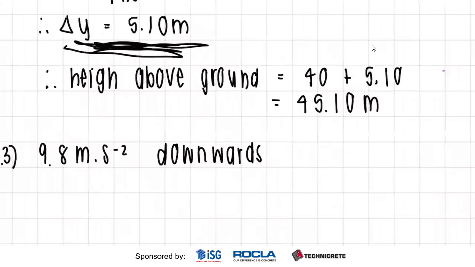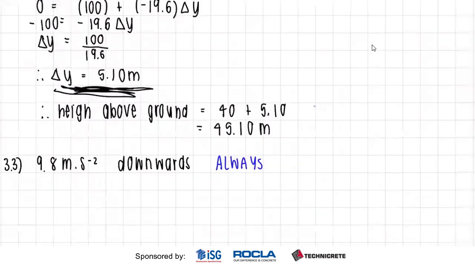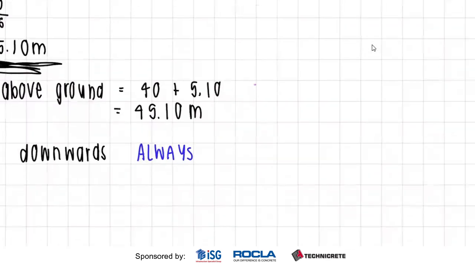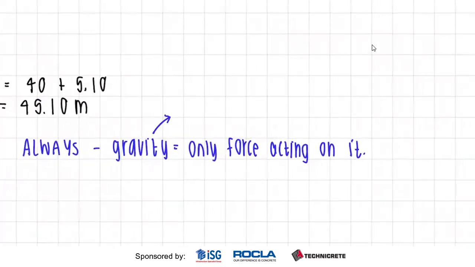And I'm going to put here, this is always the case with free fall of anything, because the only force acting on it is gravity. And gravity is always 9.8 meters per second squared down.